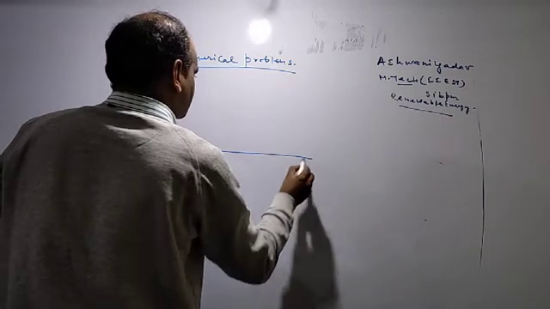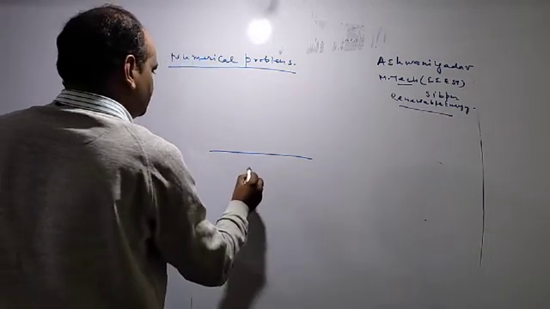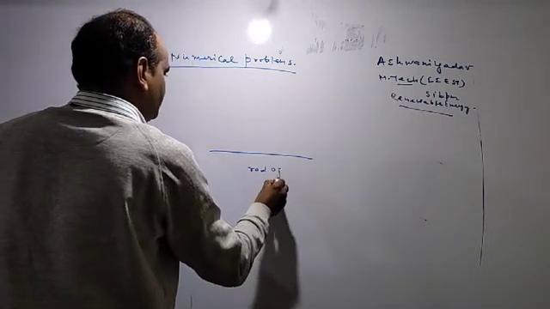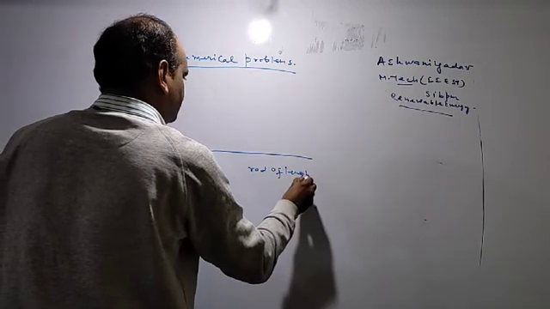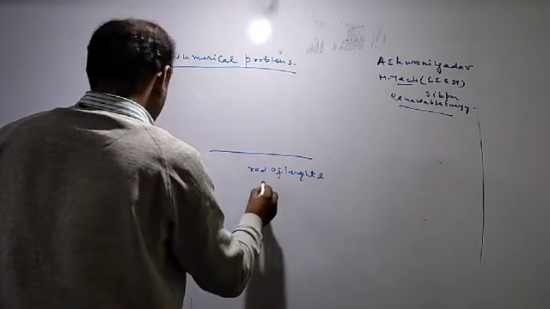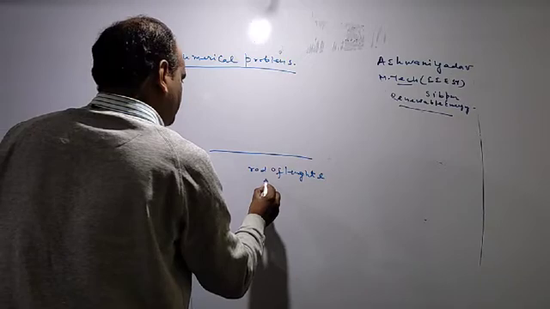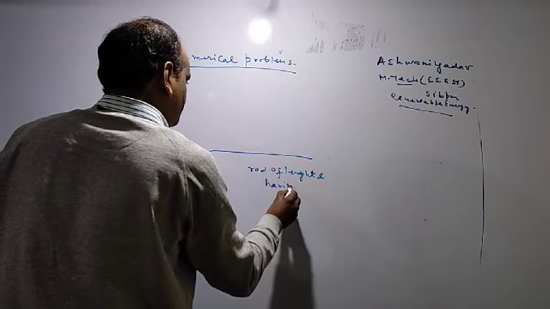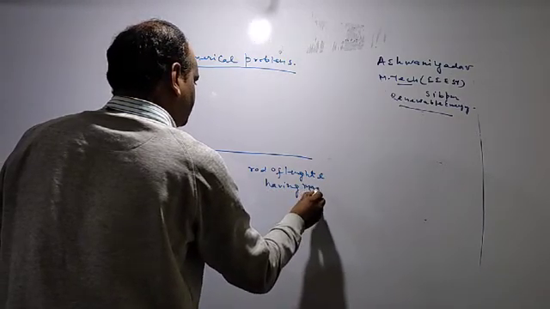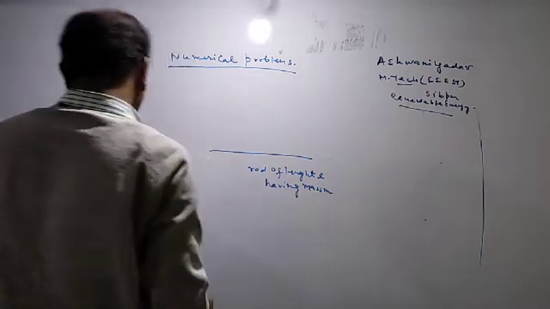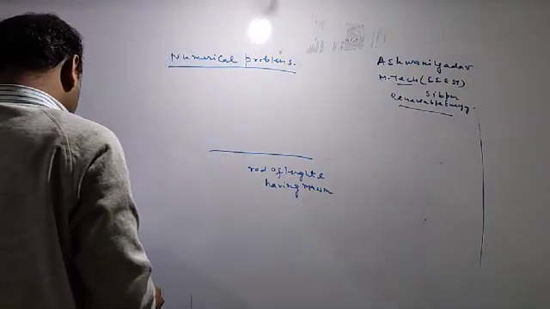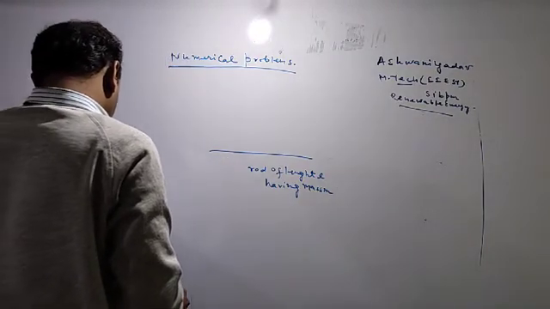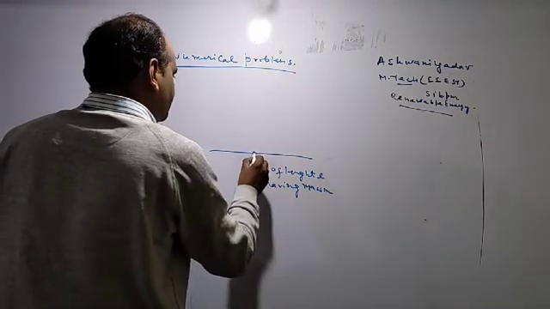So we have this problem. We have a rod of length L, having mass M, and it is hinged.